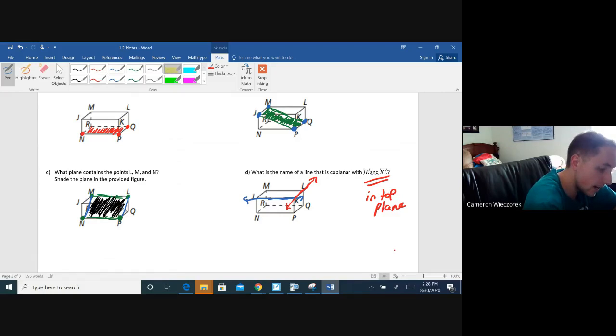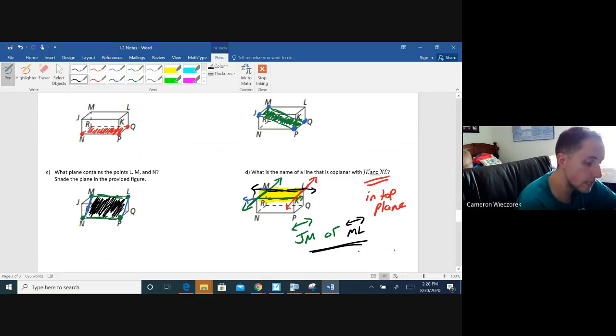I'm going to highlight the top plane in yellow. Both those lines are in the top plane. So you've got two options. You could either use line JM, making sure you put your line symbol above it, or you could use line ML. That's also in the top plane. Either of those lines would be coplanar with JK and KL.